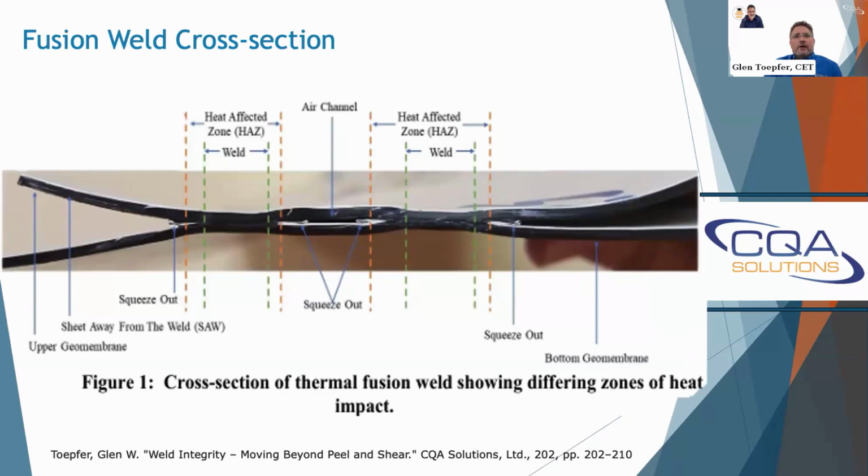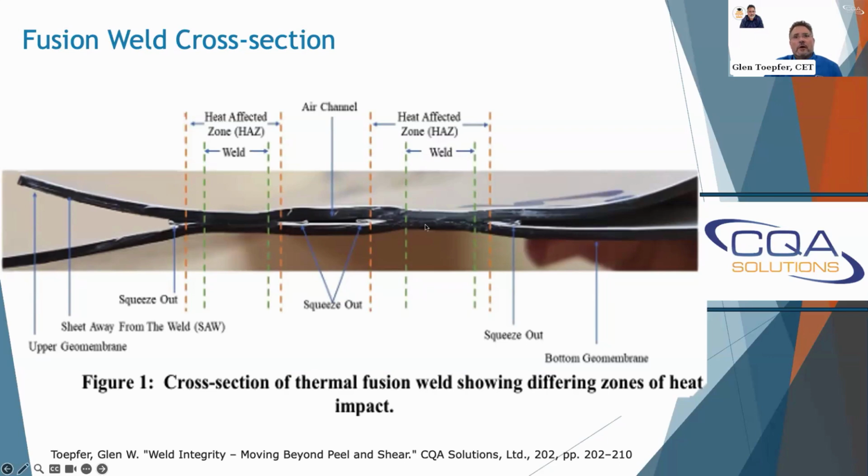So here's an example, since I'm talking about a few of the terms. This is a dual track wedge weld. You have your weld where the wedge goes through and melts the polymer, and then the nip rollers come through and put the pressure on that joins it together.